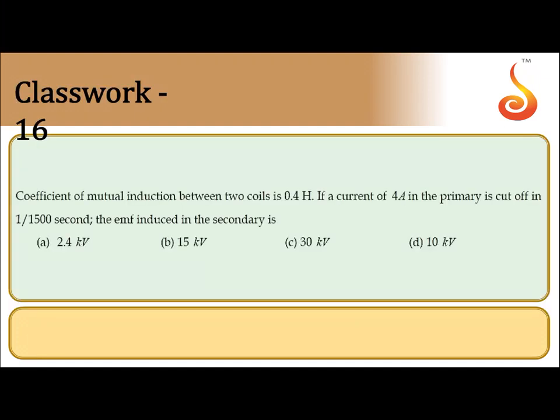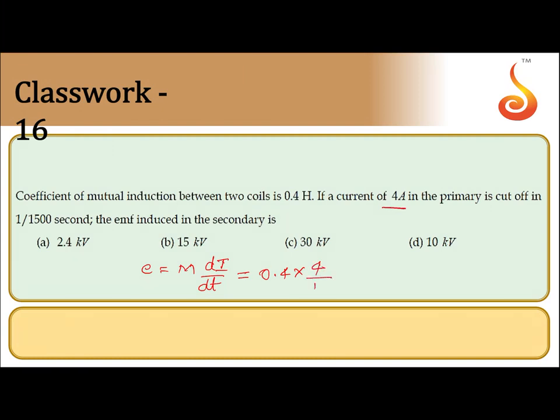We shall move on to next one. Coefficient of mutual induction between two coils is 0.4 Henry. If a current of 4 ampere in the primary is cut off in 1 by 1500 second, EMF induced in the secondary is. So, for mutual inductance, induced EMF is M into di by dt. Same kind of question as the previous one, but it is mutual inductance. So, M is 0.4 into di is 4 ampere to 0, so it will be 4 only.